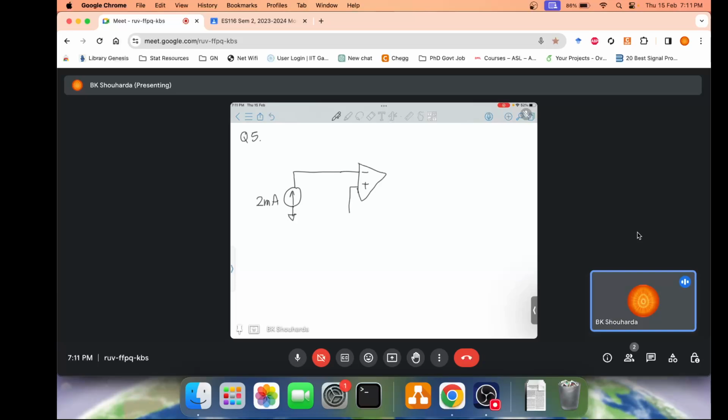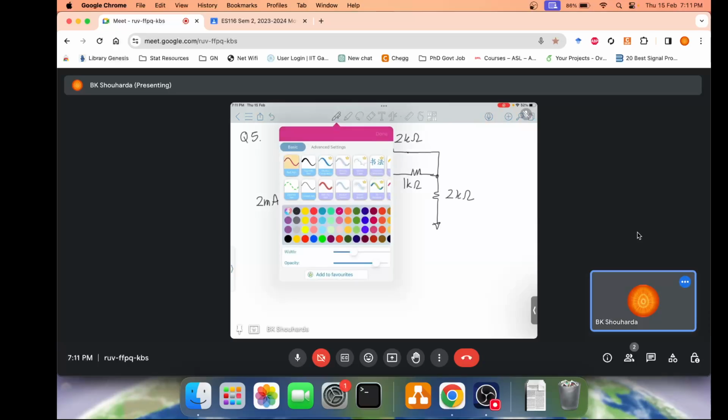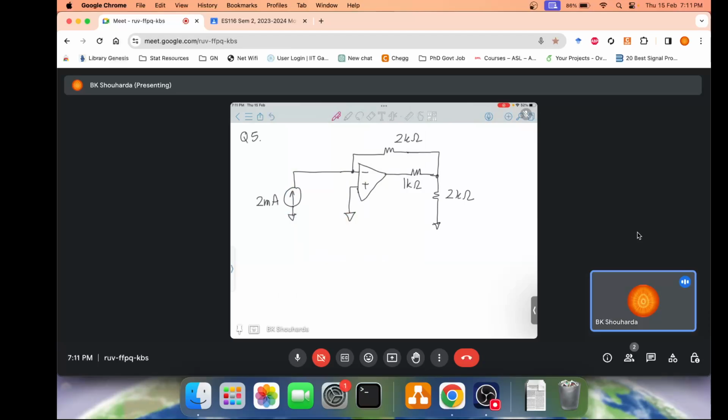Then the positive input terminal is directly grounded, and then you have the feedback loop connecting the negative terminal to the output via a 2 kilo ohm resistance. But we should be careful because in between we have a 1 kilo ohm resistance, and then we have a 2 kilo ohm resistor. Now it's mentioned that there's a current I flowing outside the op-amp.